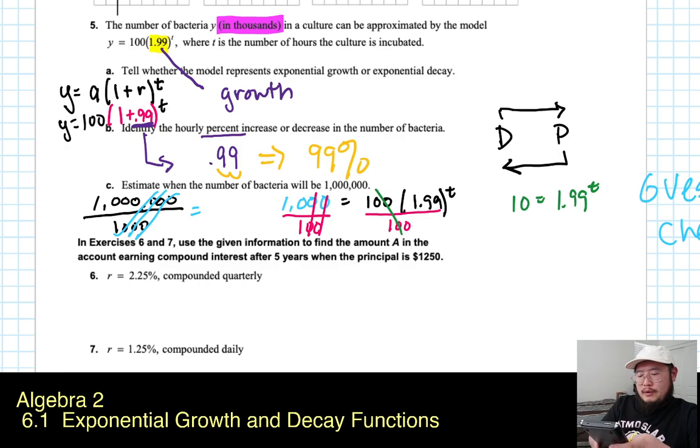So maybe 1.99 raised to the 3.35 power. Oh, and I'm at about 10.02. That looks like it's pretty good, right? So I guess and check right here and realize that if I put 1.99 raised to the 3.35 power, that will get me approximately 10.02.